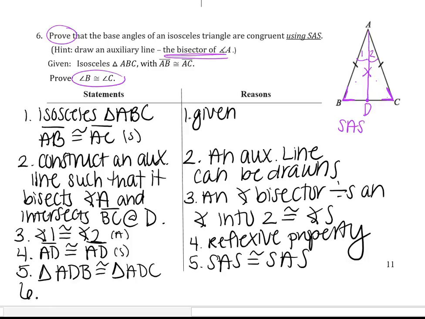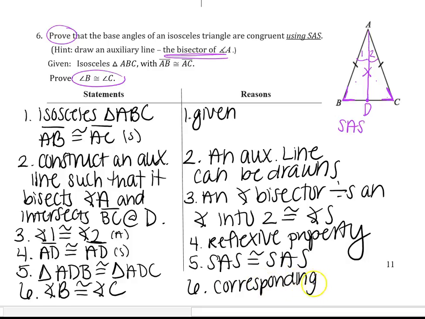And now what I can do is say that angle B is congruent to angle C because corresponding parts of congruent triangles are congruent. And then we're done.